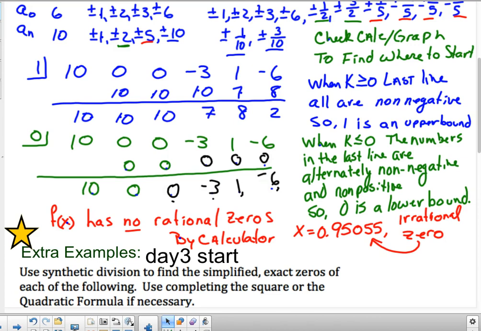We just had that on our 3rd test just this last week. So make sure you know that that's what the case was. And that 0.95055 was one of them. Checking by calculator, so I got an irrational zero. I just can't deal with it. It's just totally itself. It's irrational. Okay, I'm kidding. All right, that's what I got for notes today.